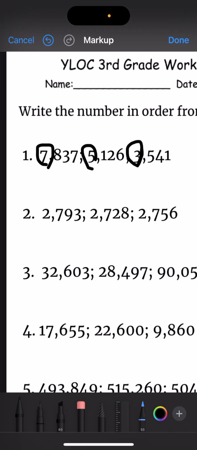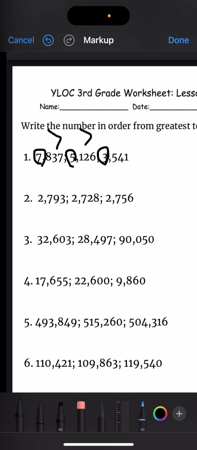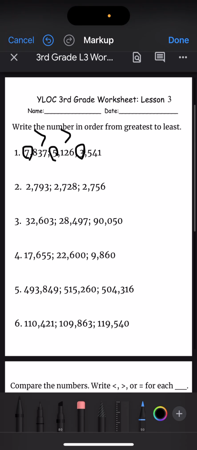The first number is 7,000, the second is 5,000, and the third is 3,000. We know that 7 is greater than 5, and 5 is greater than 3, so they are already in order.